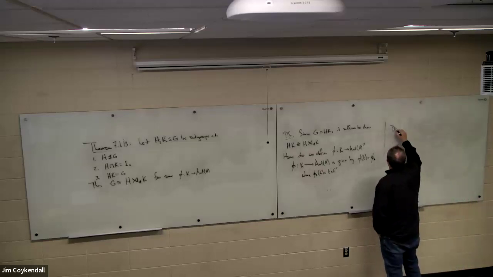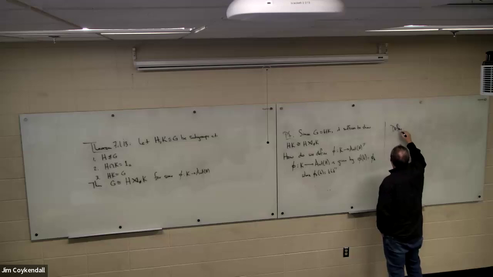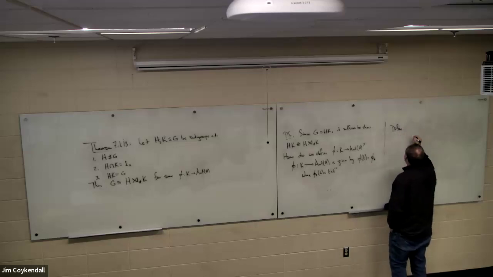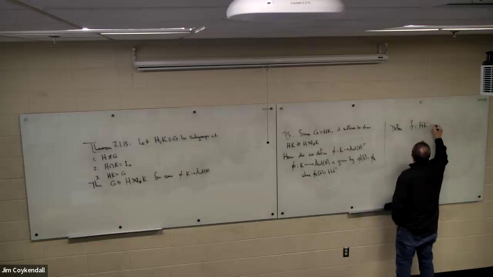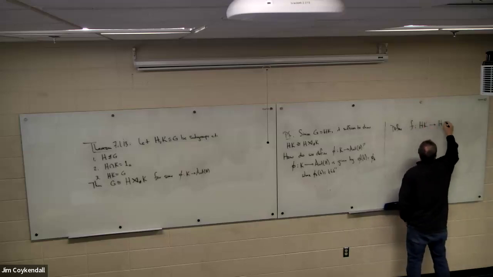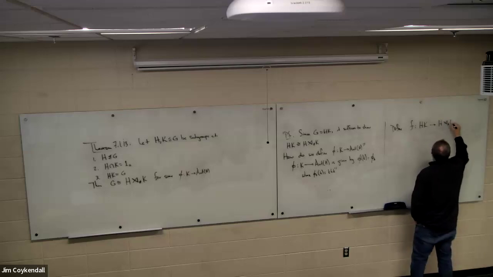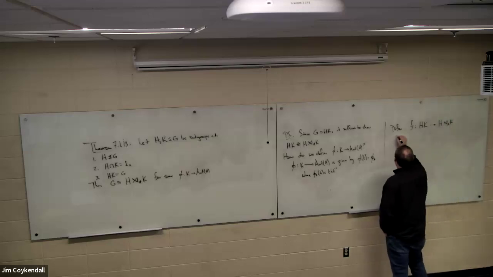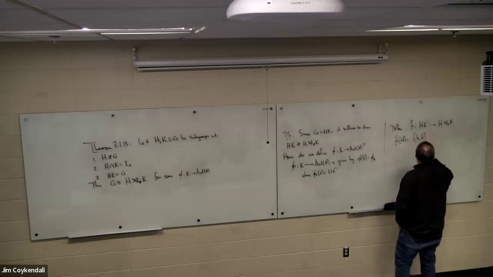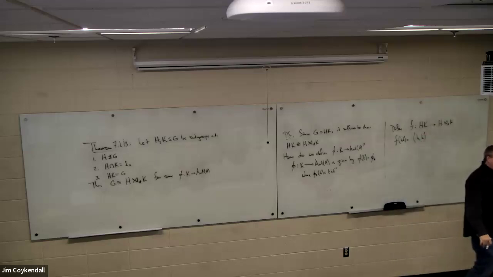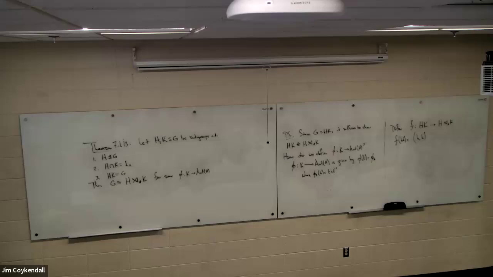Define f from HK into the semidirect product, and we're going to define it this way. f of hk is equal to the ordered pair (h, k). This is just the thing we did for direct product, right?